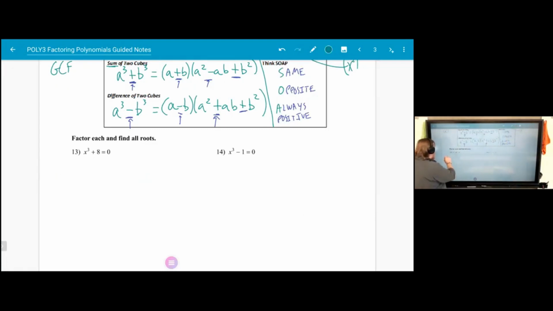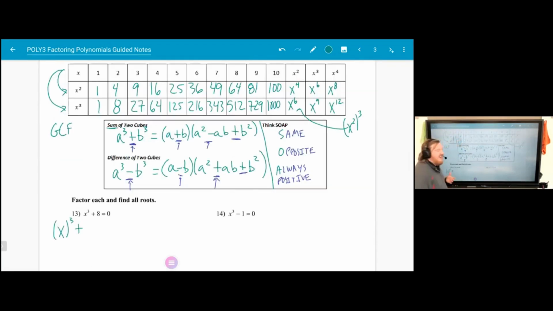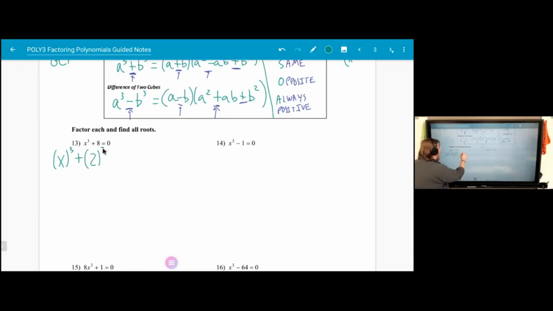This is like x cubed plus, well, what cubed gives us 8? Looks like 2. You notice we're going to use some smaller numbers. So plus 2 cubed equals 0. In other words, a is x, b is 2.